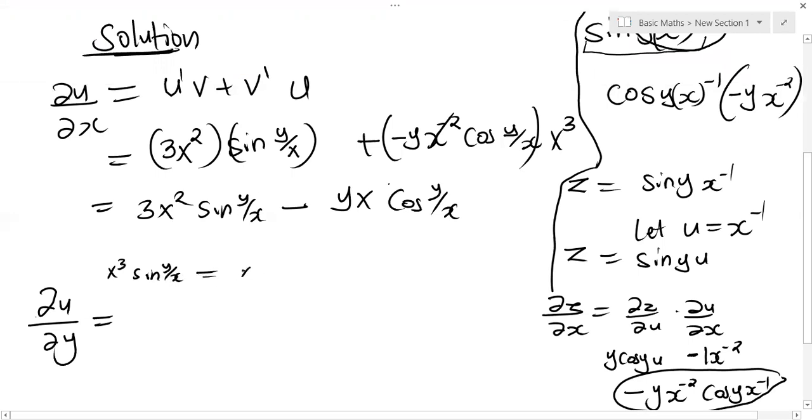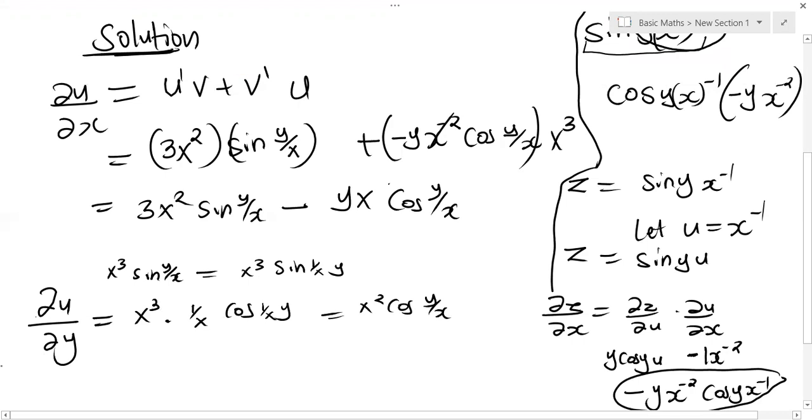I can express this as x cubed sine of 1 over x times y, so that you can see clearly. Now with respect to y, the x variables will all act as constants. So differentiating this, I'll have x cubed right here, and then this 1 over x out here. The derivative of sine is cos, so cos of 1 over x times y. Simplifying this gives me x squared cos of y over x.